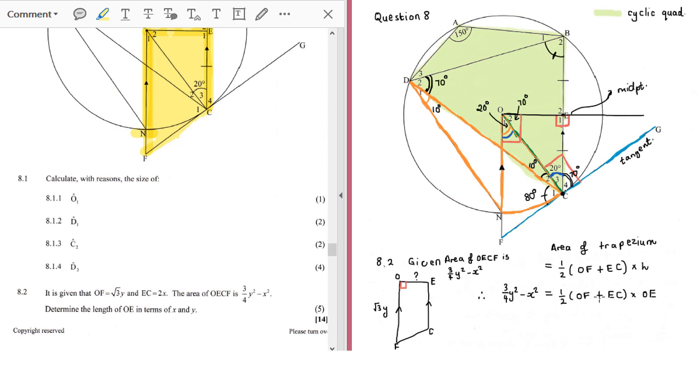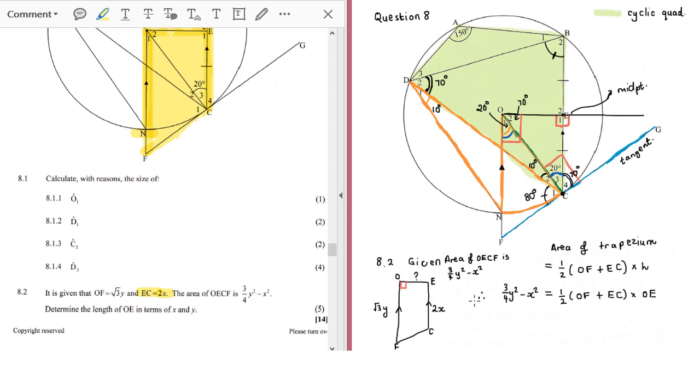I'd just like to correct myself very quickly. I just noticed that we are actually given the length of EC. I just didn't write it down. So EC is given as 2x. Now we just need to add one more thing to this so that the solution is complete.